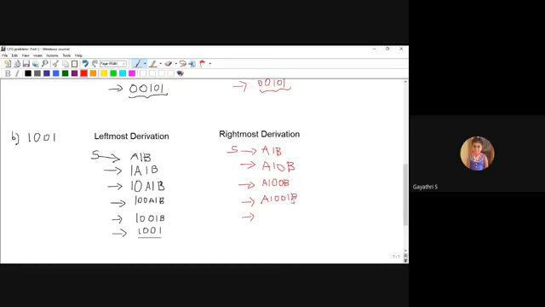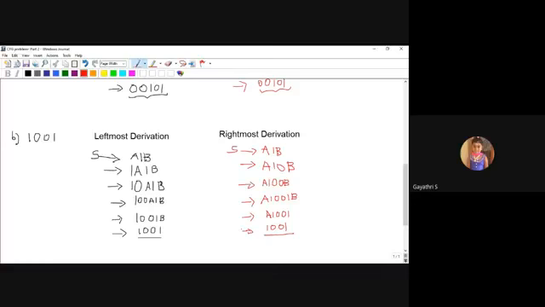Next A1001, and for A, I will choose epsilon, giving 1001.